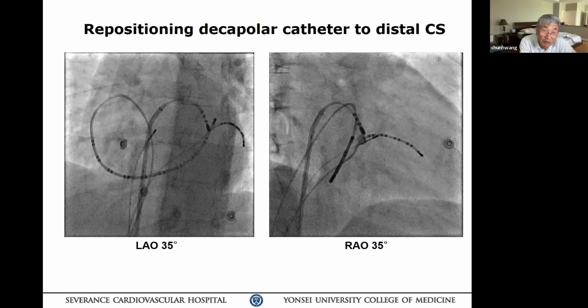Okay? And I do recommend everyone to put the ablation catheter in a cardiac vein for pacing, or some sort of left ventricular pacing, before you suspect AVRT from the left side.